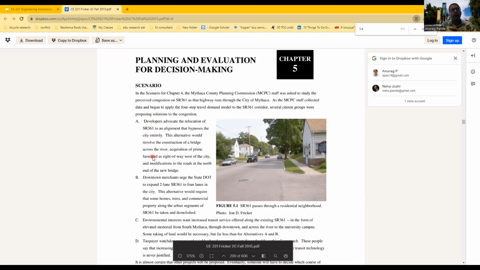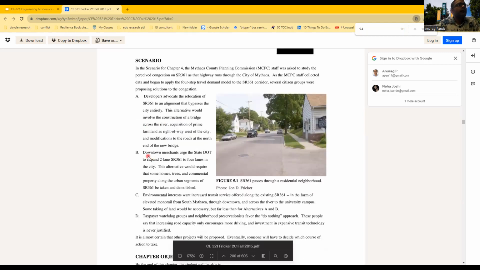Okay, so they want the high-speed traffic to go away, so they can do more development here. And downtown merchants urge the state DOT to expand the 2-lane SR 361 to 4 lanes in the city. So ostensibly making a 2-lane road into a 4-lane road will bring in more traffic, might be good for the downtown merchants, at least potentially.